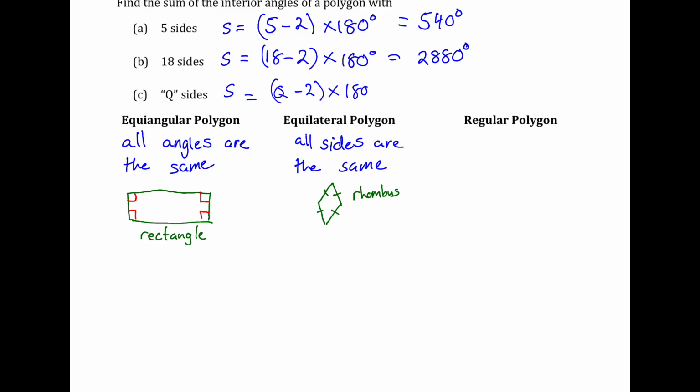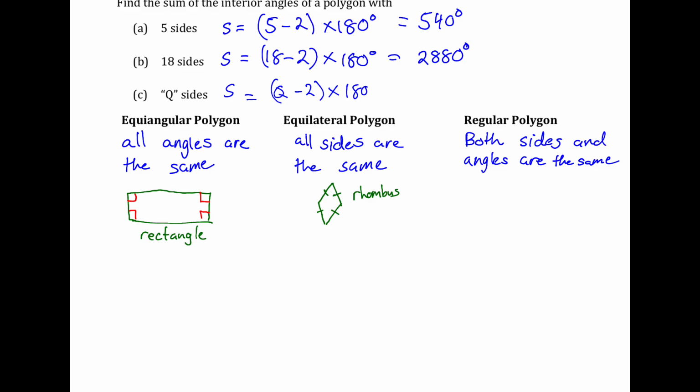Now, the term regular, just like the straight up term regular in geometry, means both sides and angles are the same.